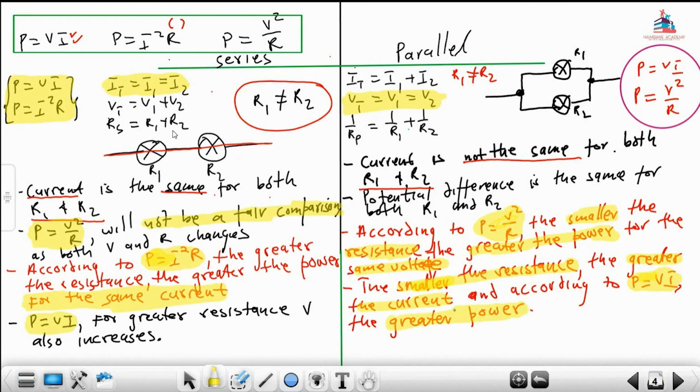What does this basically say? It says now when I have my resistors in parallel, the one with the smallest resistance will be the brightest one. But now if I have resistors in series, the one with a greater resistance will have a greater power.